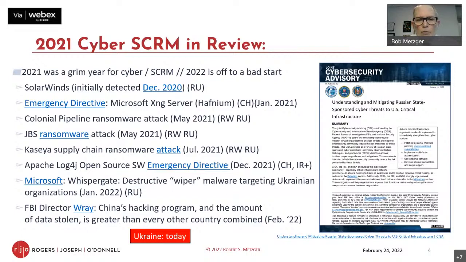It is a form of wiper malware. Once it's installed on your system, its intent is not to get money, but to destroy all of the information on your system. And I'm told there is a newer version that was detected today. And then to bring us back to information confidentiality, the FBI director just a couple of weeks ago said that the Chinese hacking program in stealing data was greater than every other country combined.